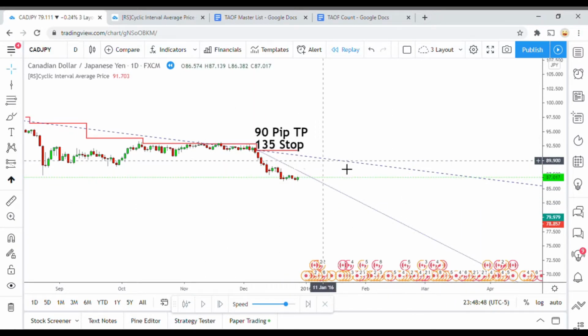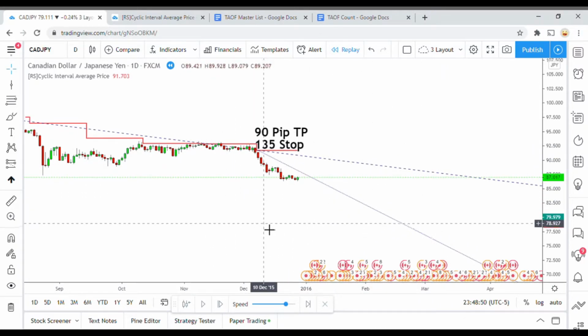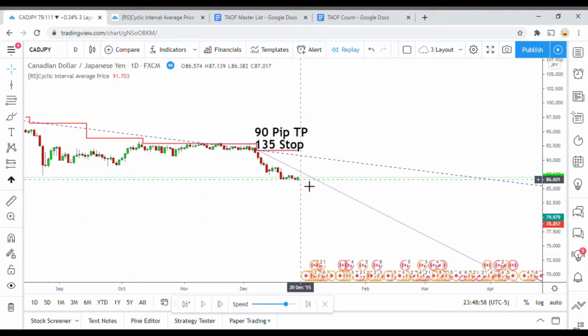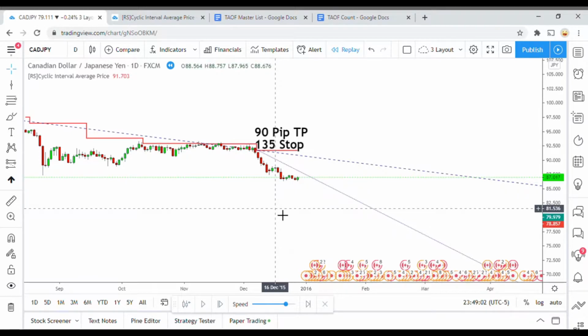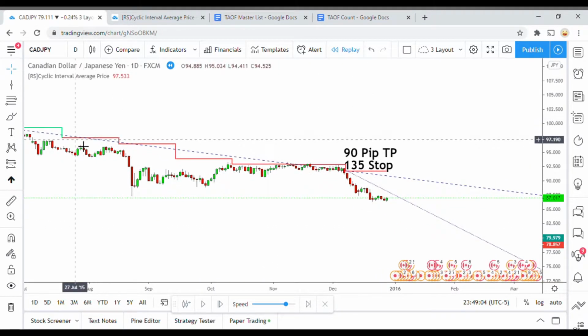The sloped trend lines here have to be part of the system somehow. And the more I think about it, the more I believe they are the main functionality of the system.